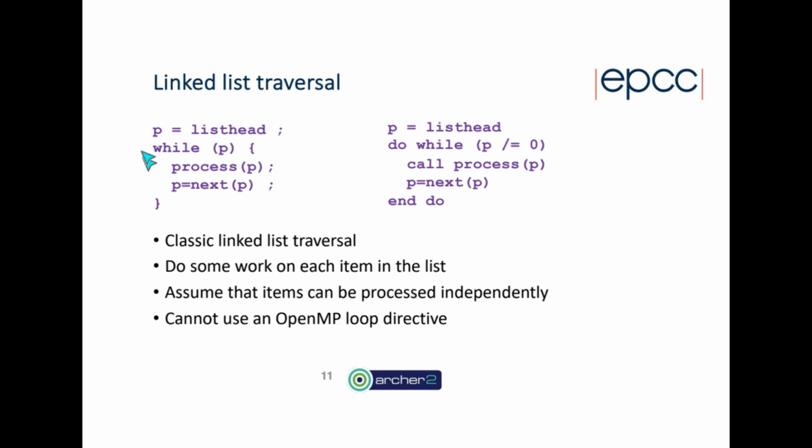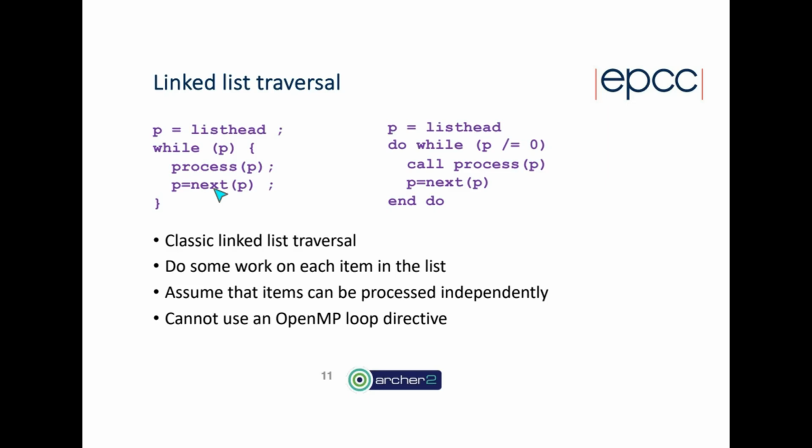So for example, we've got a pointer P. We initialize it to point to the head of the list, the first item in the list, and then we iterate over the list. While P is not null, we do something with it: call some function process for every item in the list, and then update P to point to the next item, and keep going.